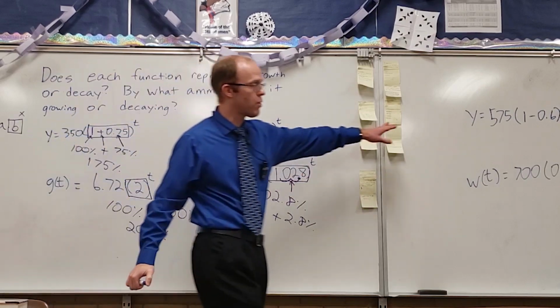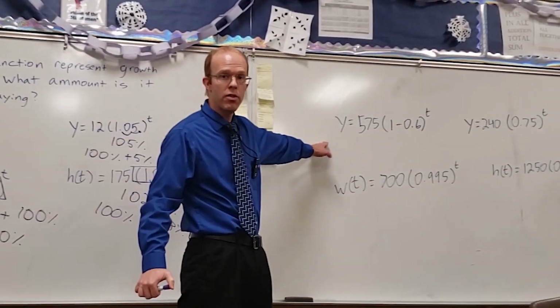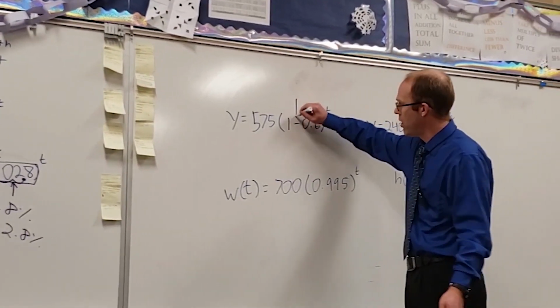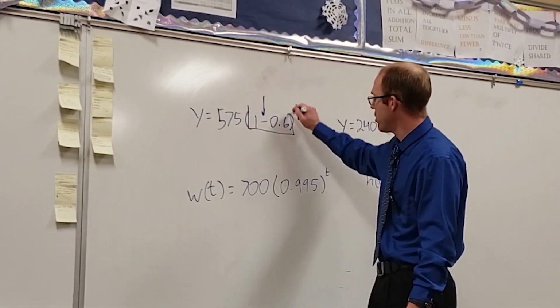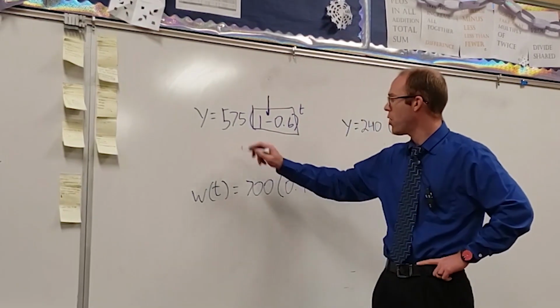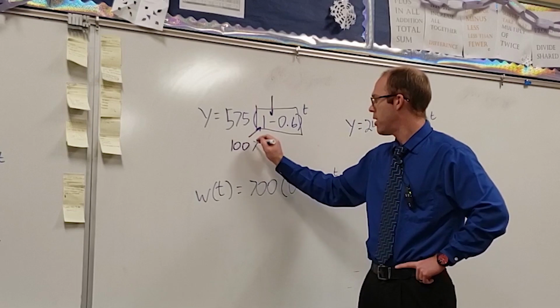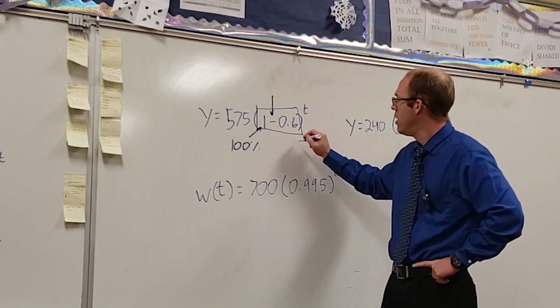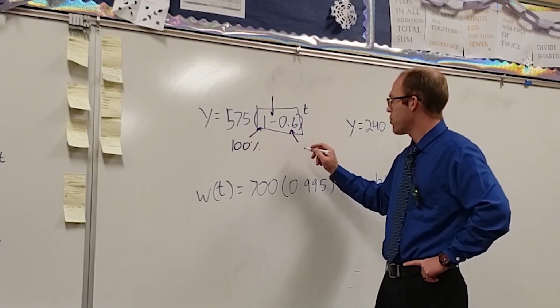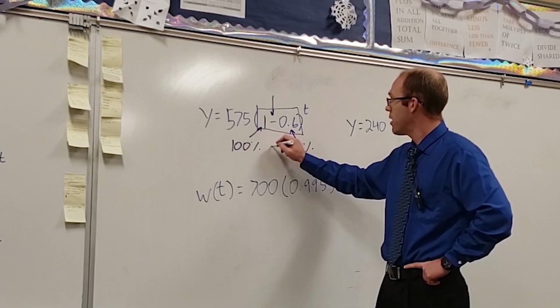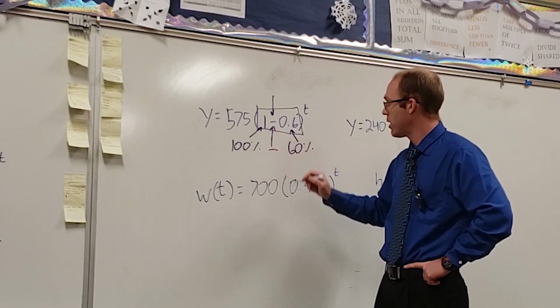Now let's take a look at these questions over here. These are decay, and you can see that where we have written subtraction right here. So this represents, again, the 1 is 100%. That's our original amount. This 0.6 written in percent form is 60%, and that subtraction indicates that we're going down.